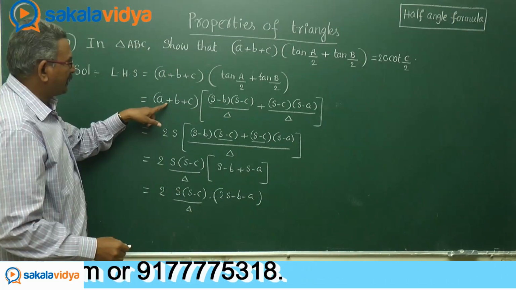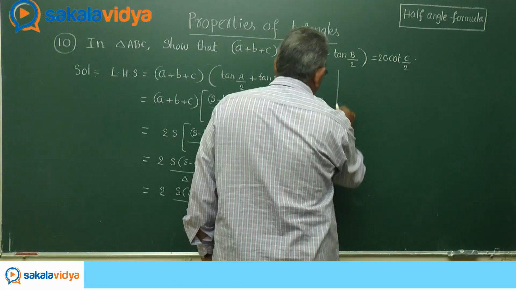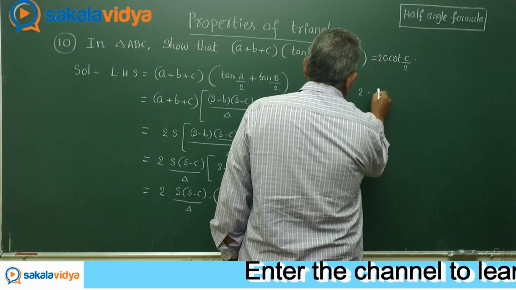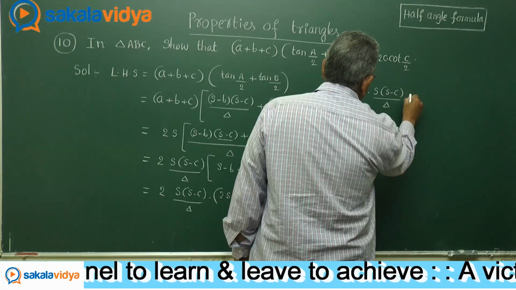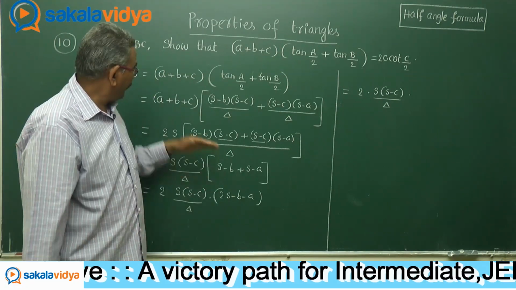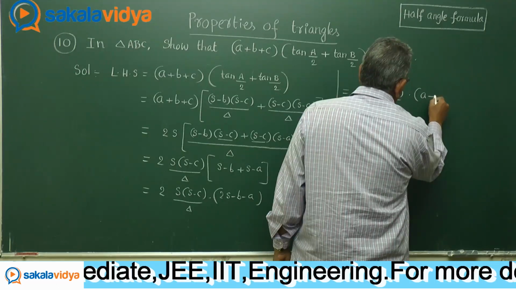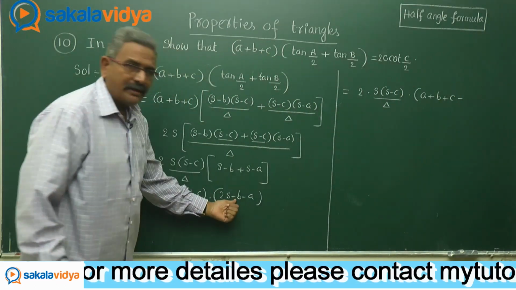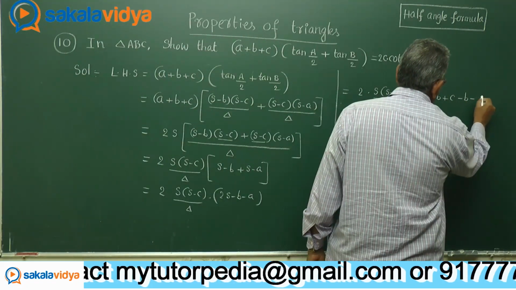Again the 2s is replaced by a + b + c. So we get now 2 times s(s-c)/Δ multiplied by, having replaced 2s by a + b + c, we have a + b + c minus what we have here, minus b and minus a.